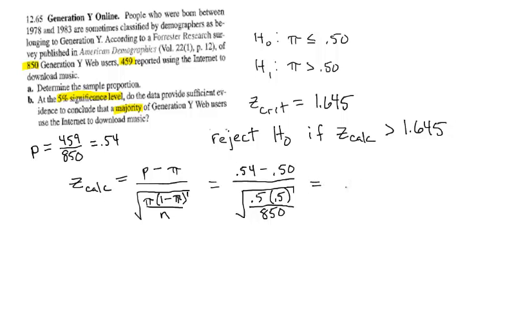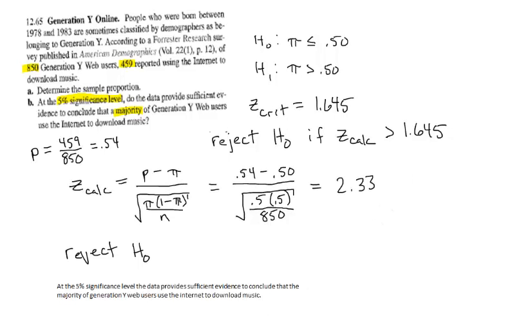And when we put this into our calculator, we find that it's 2.33 is our calculated value, or our test statistic. And because zcalc is greater than 1.645, we're going to reject H naught.